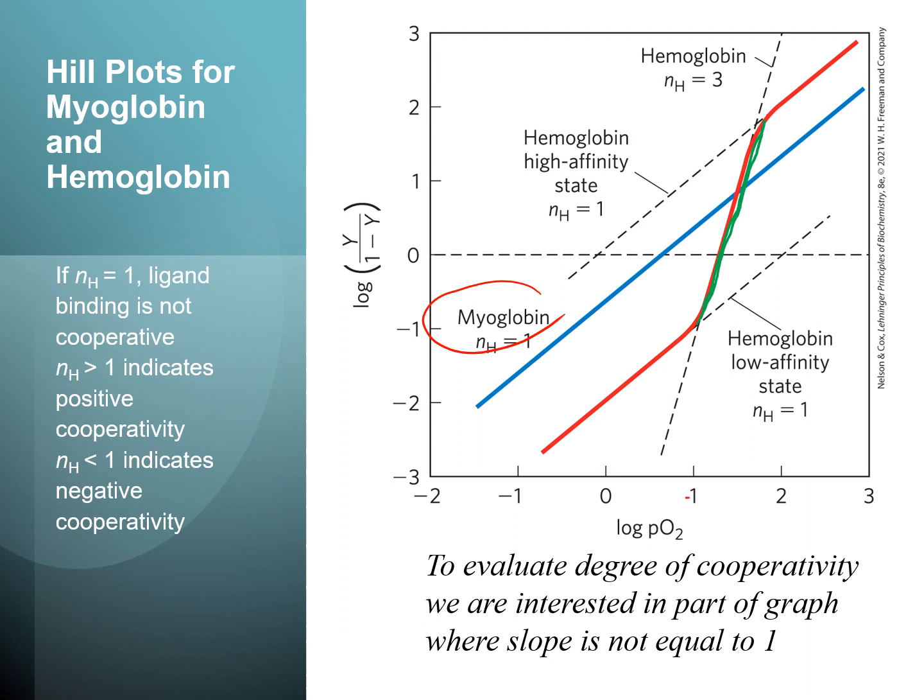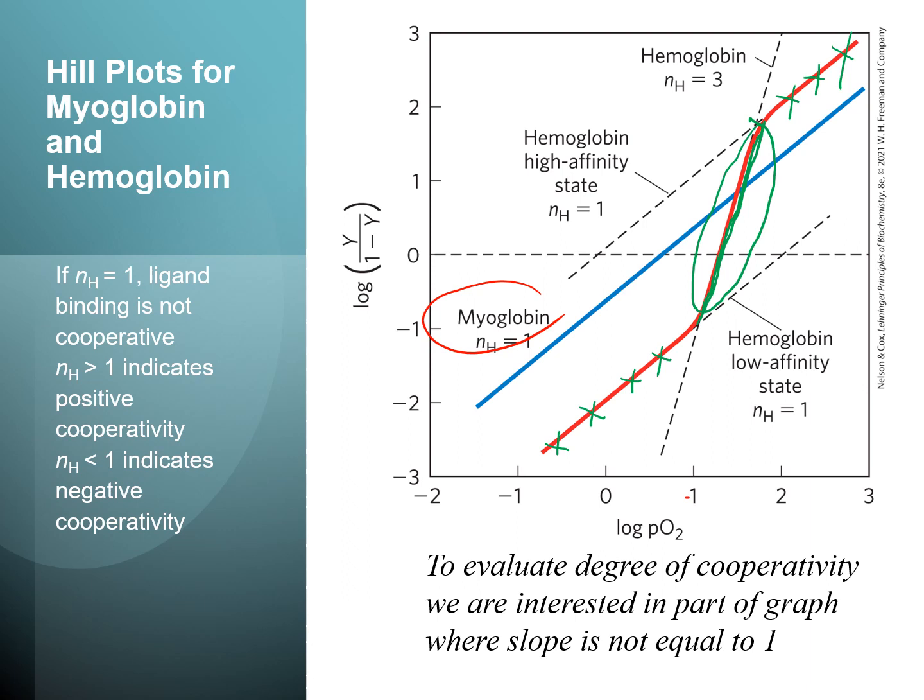Now this is a bit artificial and a little too perfect, but there are areas of oxygen concentration where hemoglobin's really not showing cooperativity, and NH is equal to 1. But this region right here, where NH equals 3, says this is the degree of cooperativity in hemoglobin. So this is what you want to look for when you're evaluating a Hill plot.